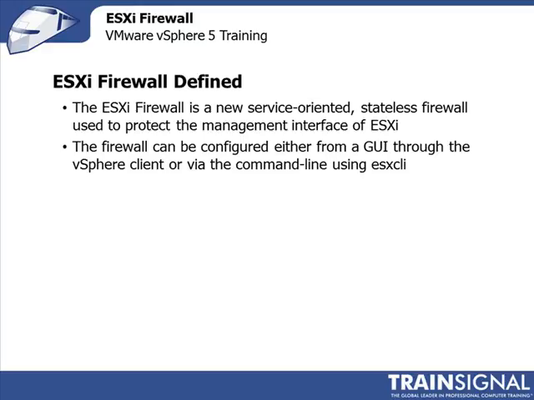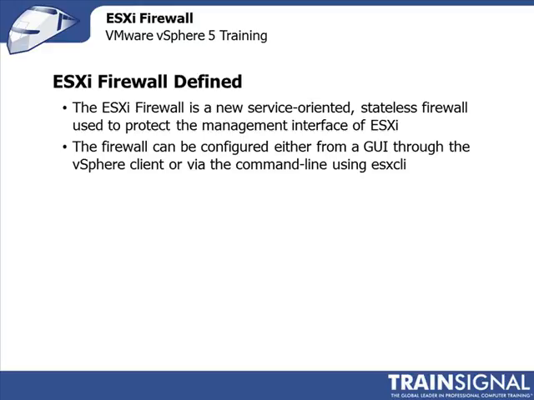It was built specifically to control and secure the management interface of ESXi. Remember, there are other VMware products that take care of application firewall, the edge, antivirus, and malware. All of those come under the umbrella of the vShield family of VMware products. So again, the ESXi firewall is very specific to the management interface of ESXi.